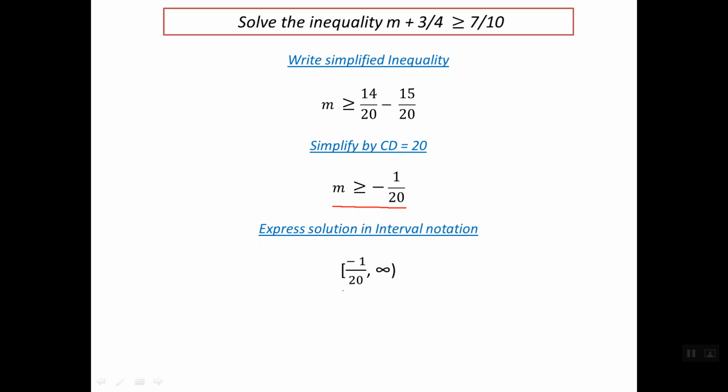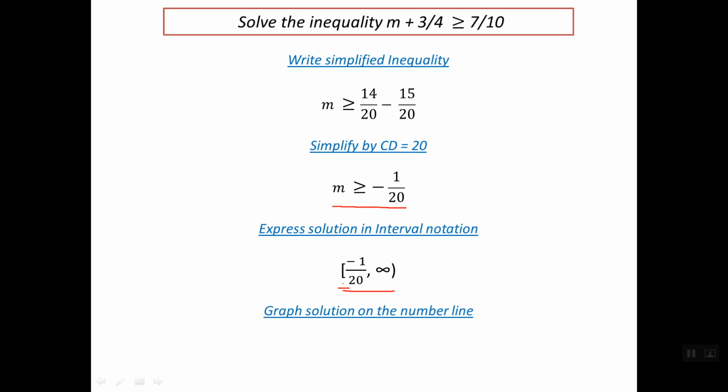So we say that the interval from minus 1 over 20 till plus infinity are the solutions for the inequality above. See that the fraction minus 1 divided by 20 is part of the solution. So we draw this bracket.